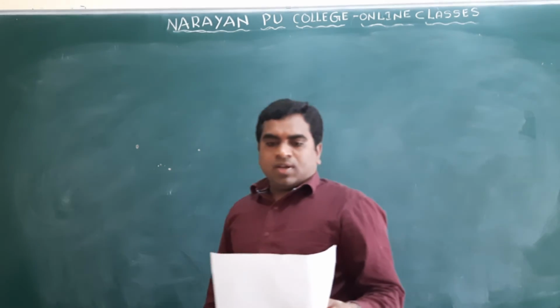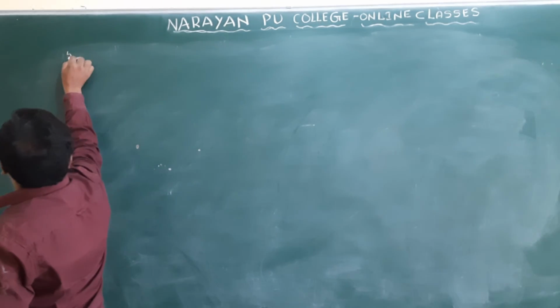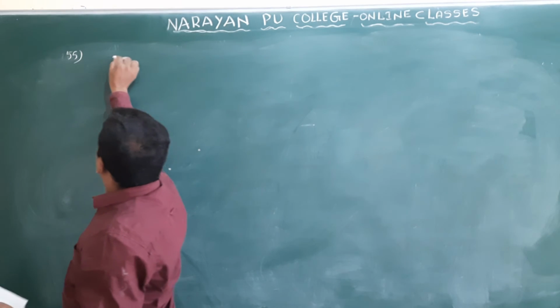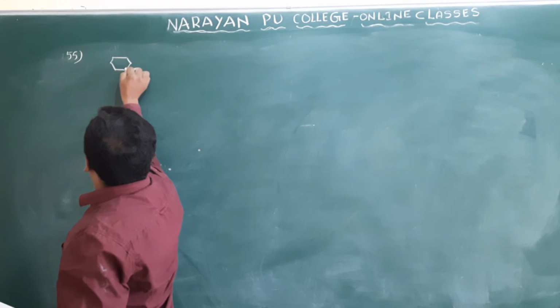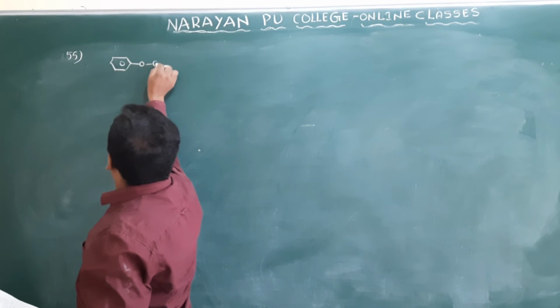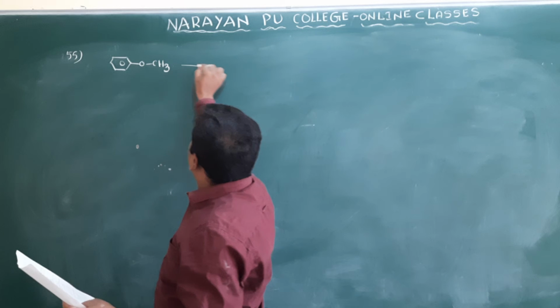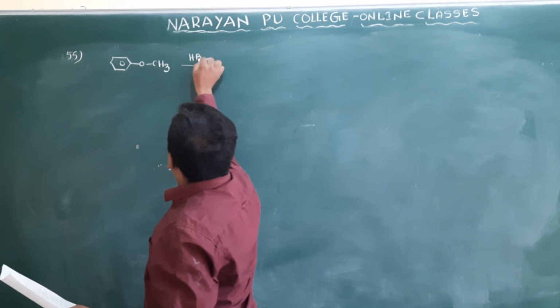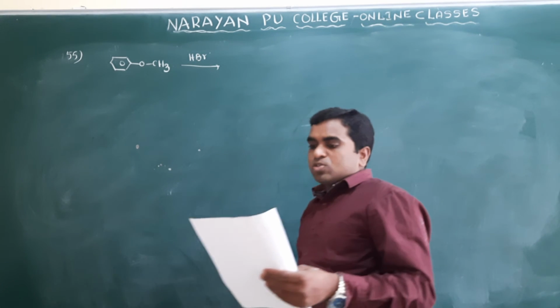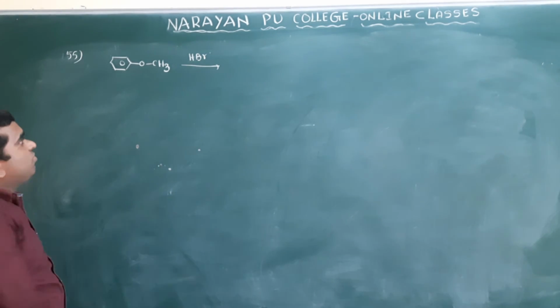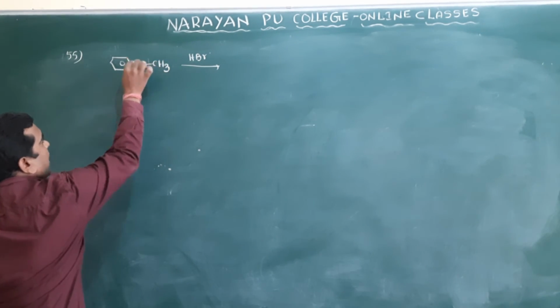Next one, question number 55. This is ether cleavage, which you can easily identify. They have given anisole. Anisole is treated with HBr. So what is the final product here? In cleavage of ether, you know which bond will break. We have to identify whether this bond or this one.